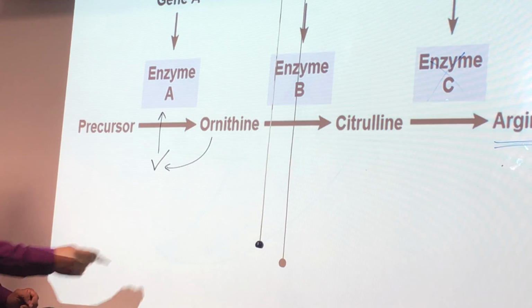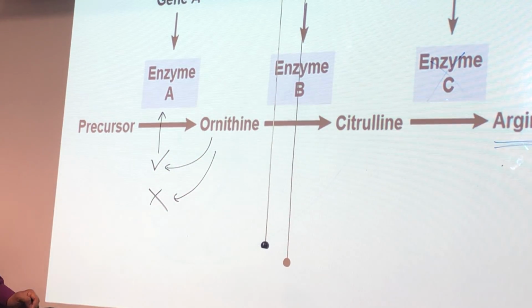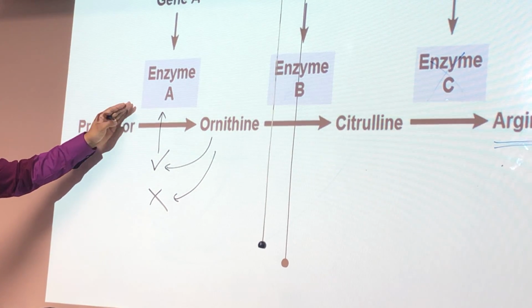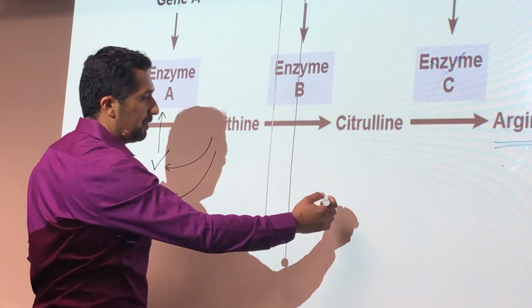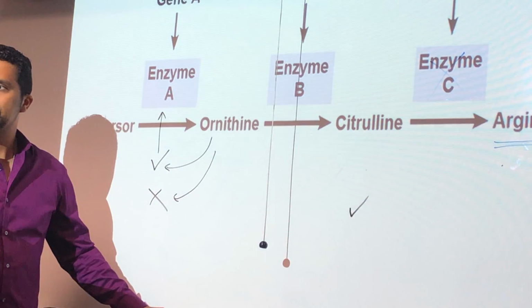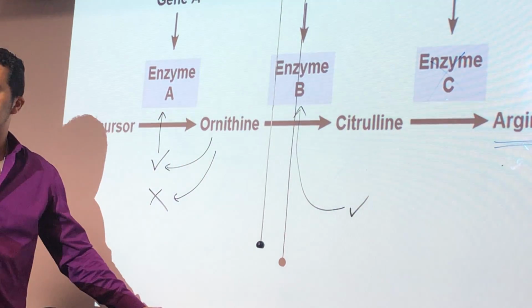If you add ornithine, but it doesn't live, then that tells you that enzyme A is not the problem. Enzyme A is working. If you add citrulline and it lives, then that tells you it was enzyme B.